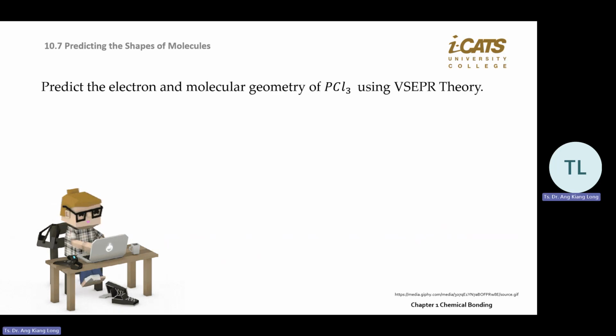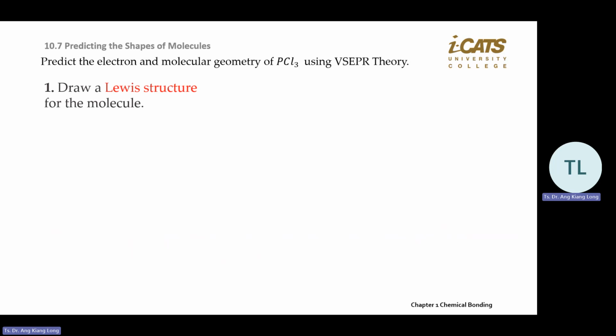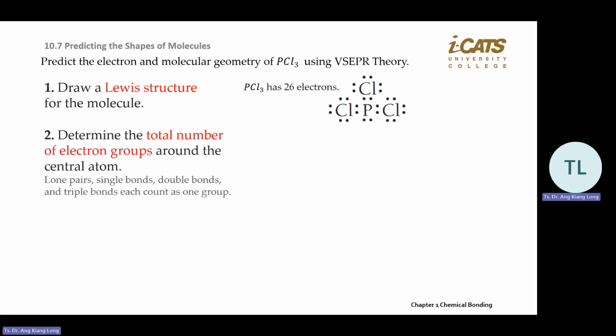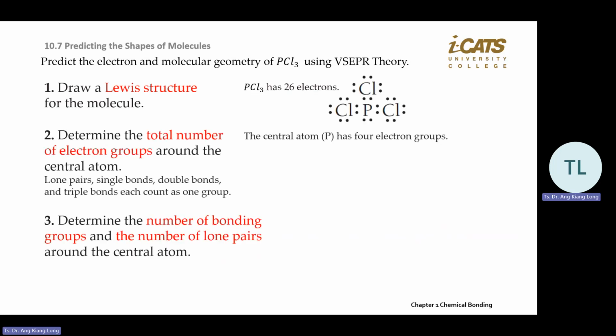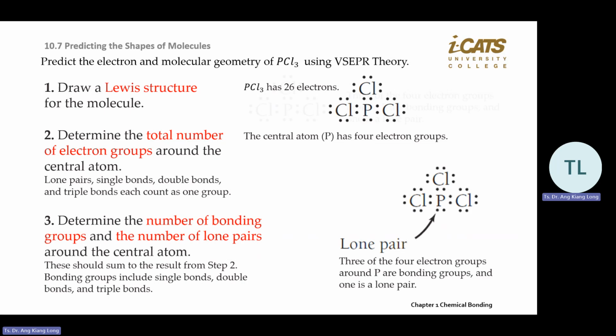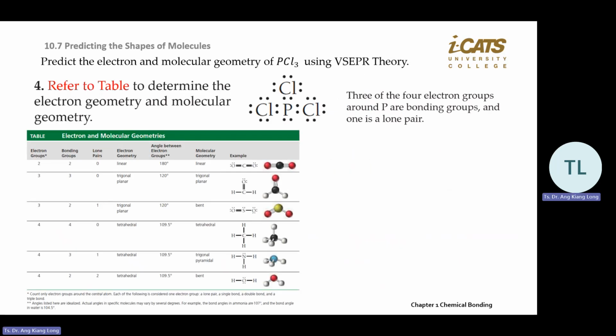Okay, so PCl3. I will skip the Lewis structure development, I mean the calculation, the 4 steps. I'll just go straight to how you apply the table. You should be able to do this already.